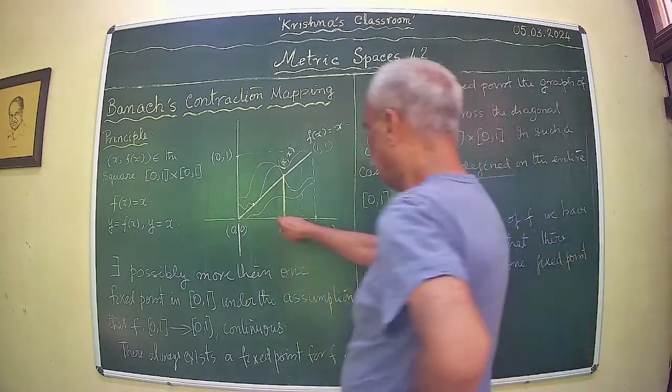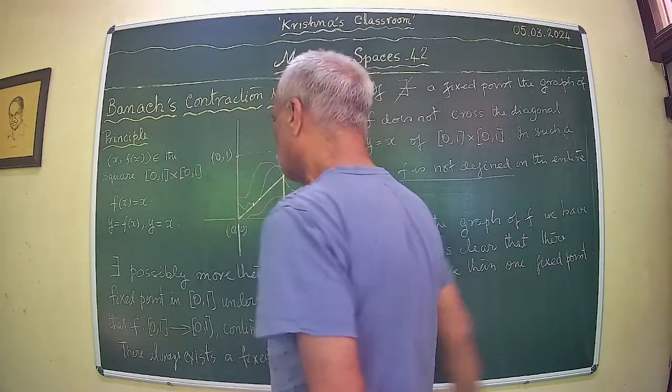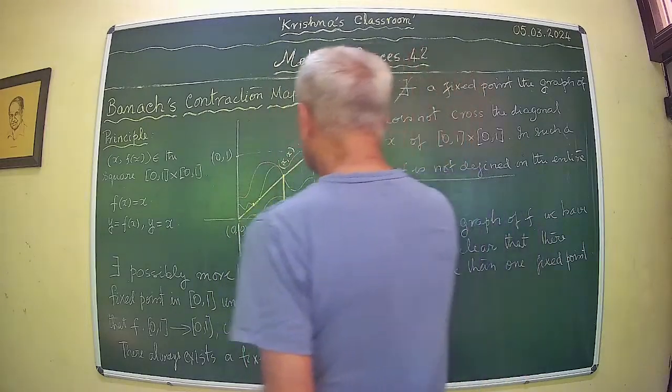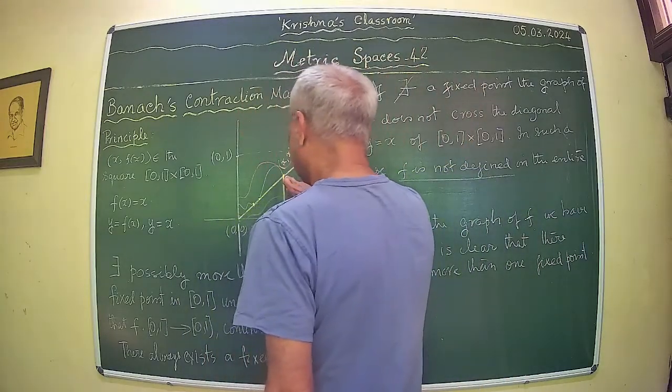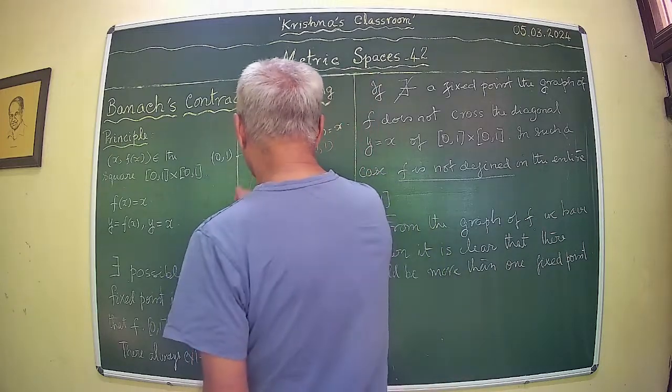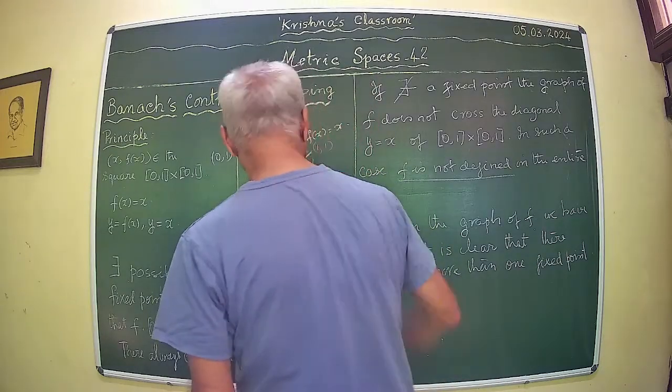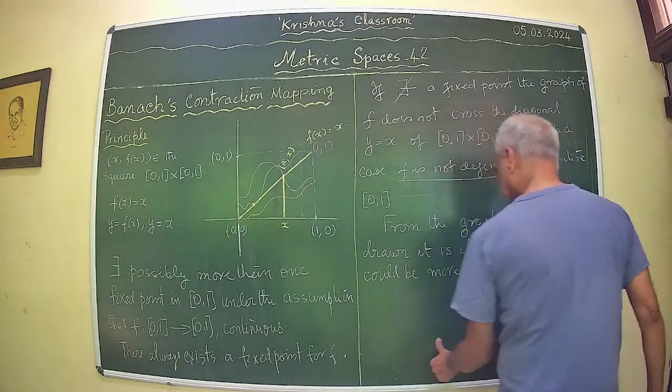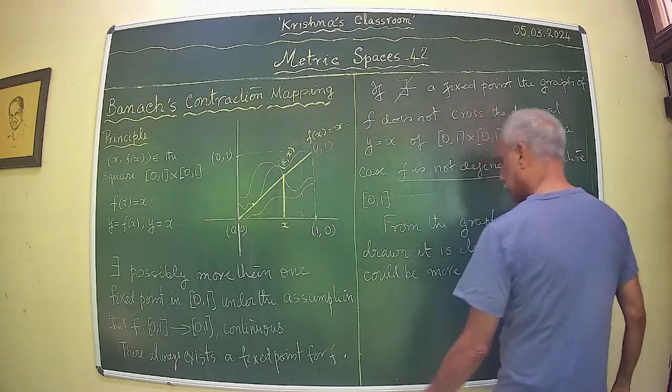It is the set of all x which gets mapped into itself, and that is the point that is obtained by looking at what is called the intersection of the graph of the function with the diagonal. So from there you can figure out the fixed point.